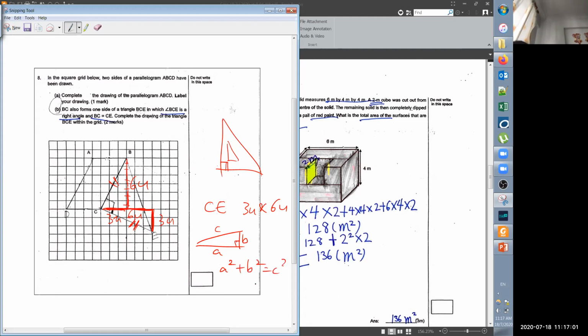So over here, your CE is given by 3U square plus 6U square. Right? Okay, so you need to have another 3U and 6U in order to have BC equal to CE. Okay. Next.